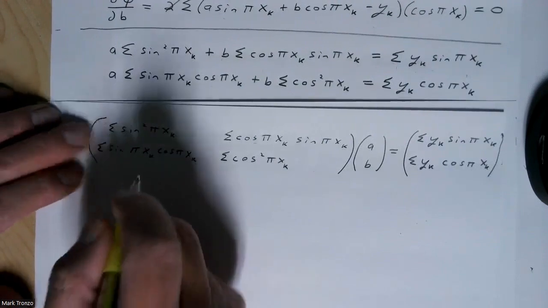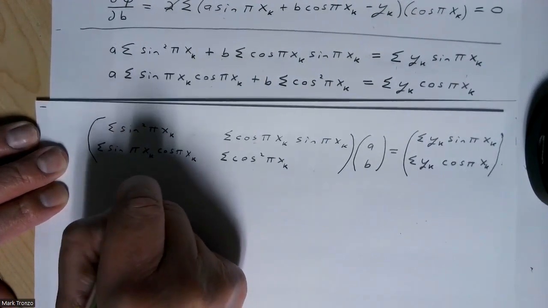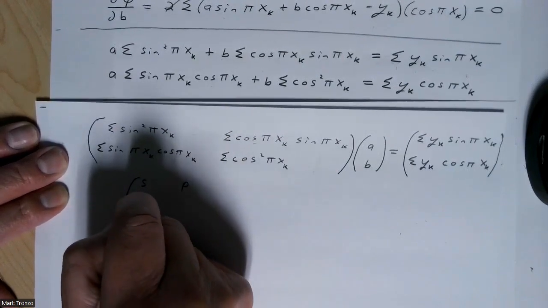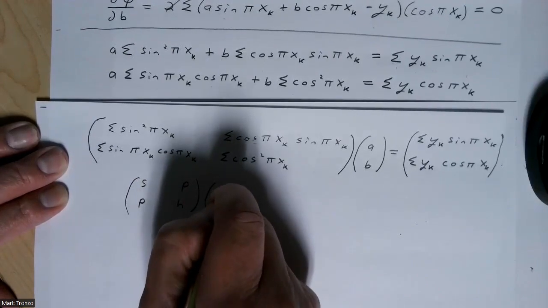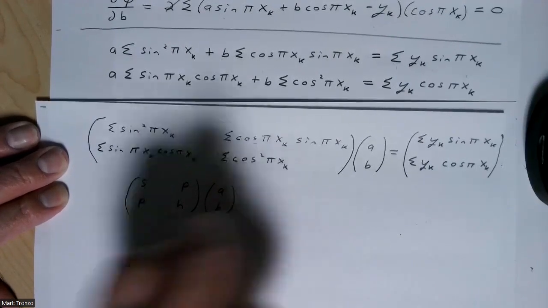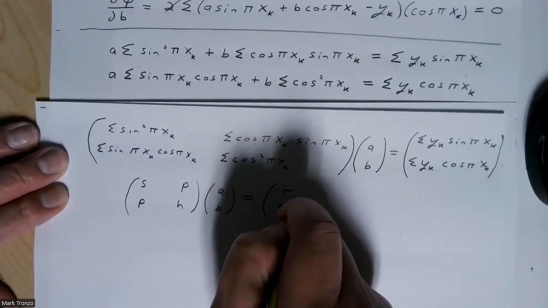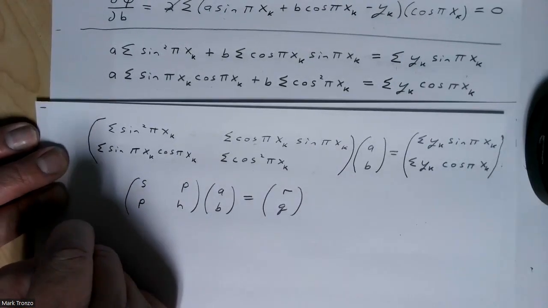If we call this one up here S, and this is P, and we'll call this maybe H. And then we have A, B, and the right-hand side, I think we call those R and Q, like this. And again, now we'll just apply our data.